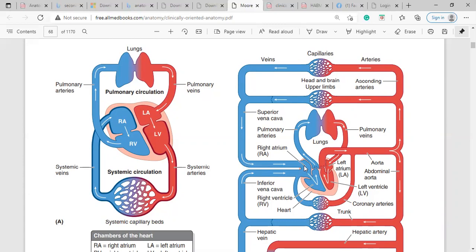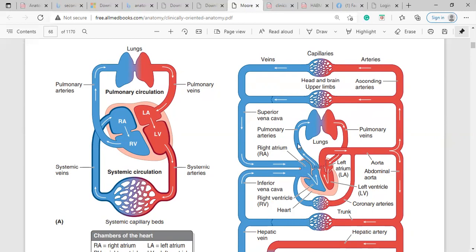From the right atrium, there is a valve here, which is called the tricuspid valve. We'll talk about this valve later when we are talking about the structure of the heart. So this valve opens and the blood enters the right ventricle. From the right ventricle, the blood is carried by an artery out of the heart.